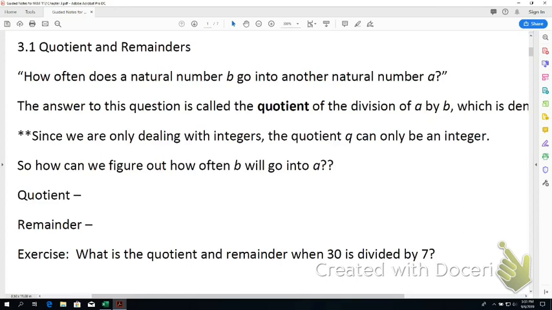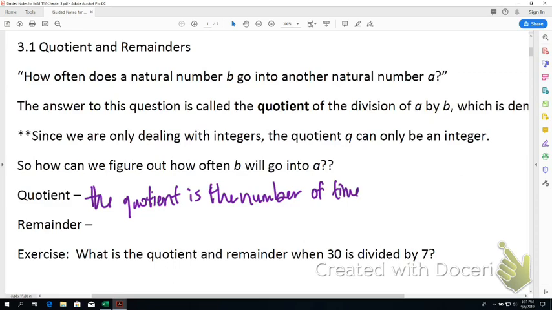Okay? So the quotient is the number of times we can subtract B from A. So you might wonder, if we're subtracting a number and we keep doing it over and over again, when are we going to stop?